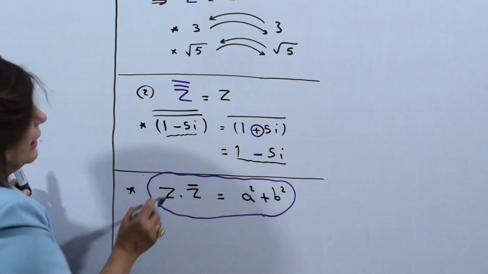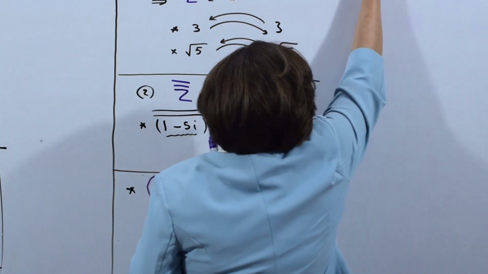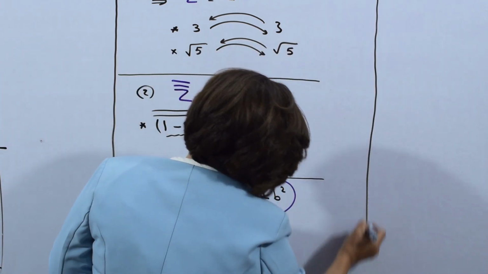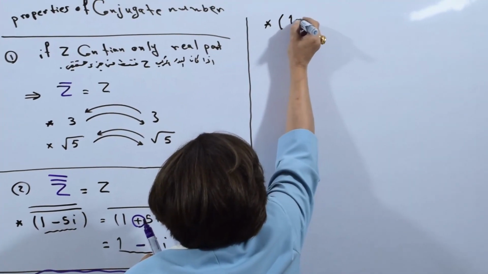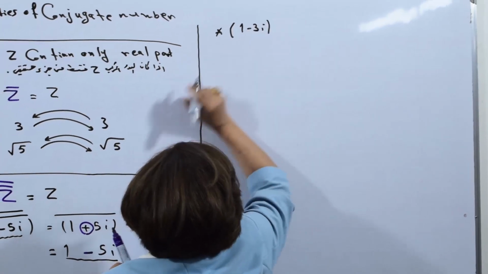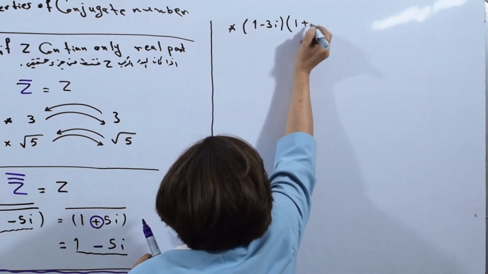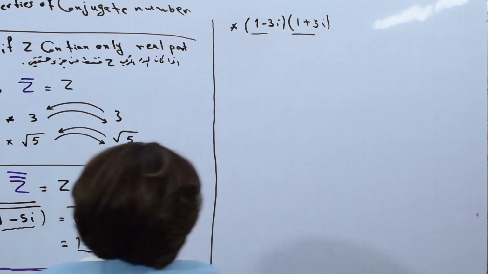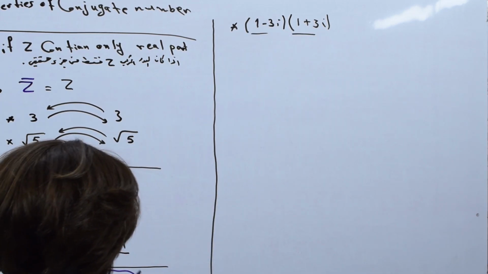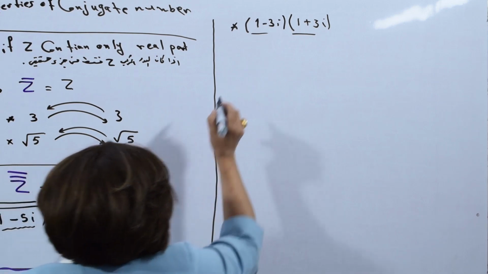I take example. Listen to me. If I want to find 1 minus 3i times 1 plus 3i, I see 2 conjugate numbers. أنا لاحظ عندي عددان مترافقان.